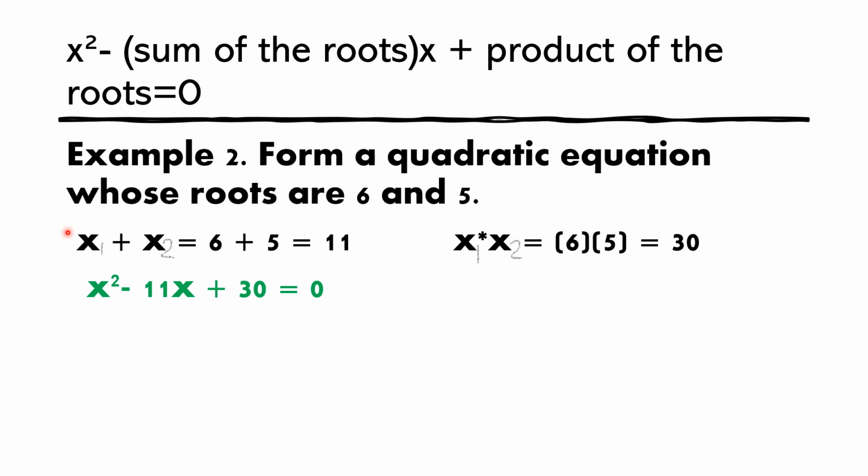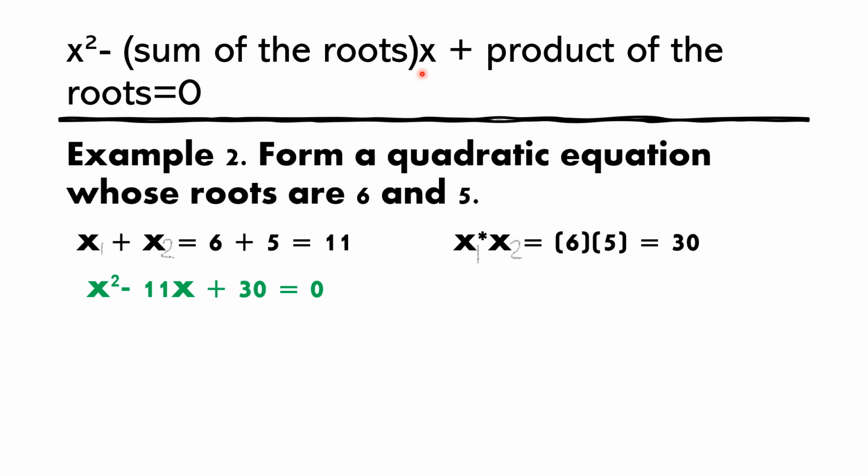Okay, another one. Form a quadratic equation whose roots are 6 and 5. Okay, so yung sum of the roots, 6 plus 5, 11. Product of the roots, 6 times 5, 30. So ano maging equation natin? X squared, ayan nakalagay, minus 11, because this is 11, yung sum of the roots, times x.